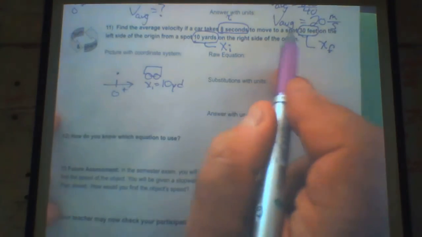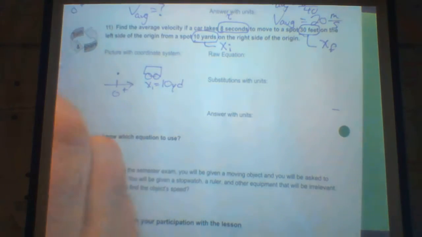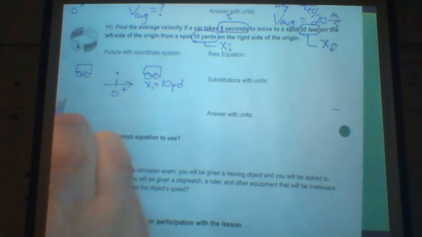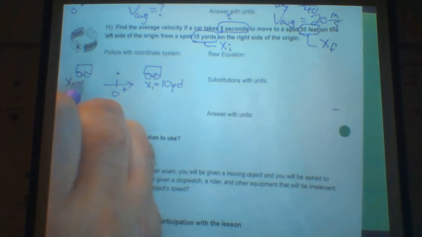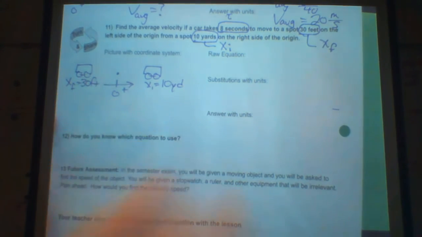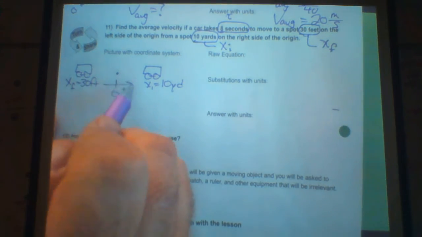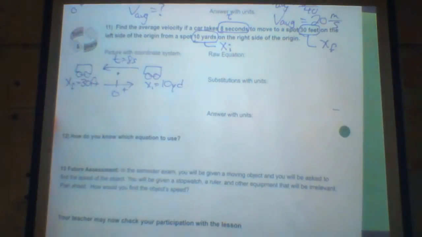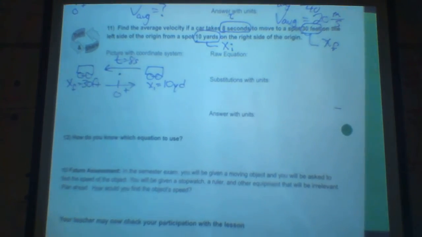It's moving to a spot 30 feet on the left side. So here's a spot. The final location is 30 feet. And so it's moving this way. And the time for that movement is 8 seconds. Okay, so that's everything that I know.